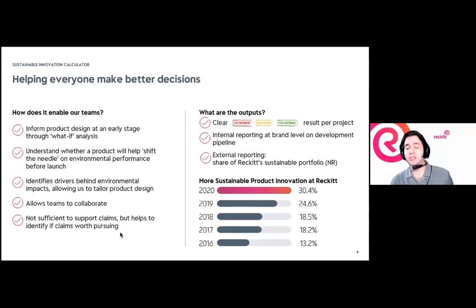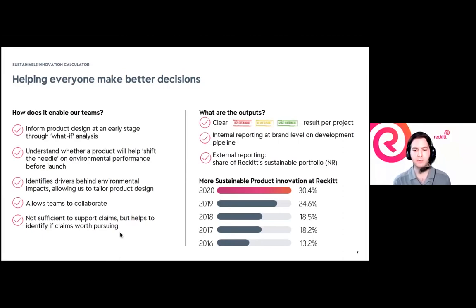And while it's not enough to support claims, the methodology does allow product developers to identify where claims may be worth pursuing with perhaps a full detailed life cycle assessment, for example, or going into more depth than the simplified tool allows. And ultimately, each assessment through this tool is going to mark a product or a project as either more sustainable than its previous iteration, as sustainable or less sustainable.